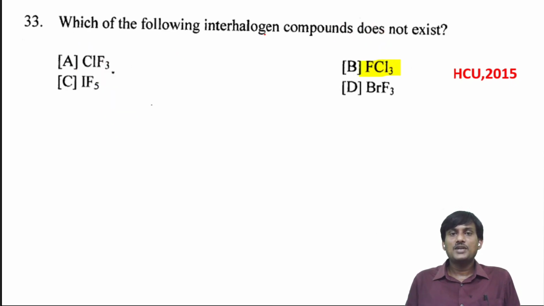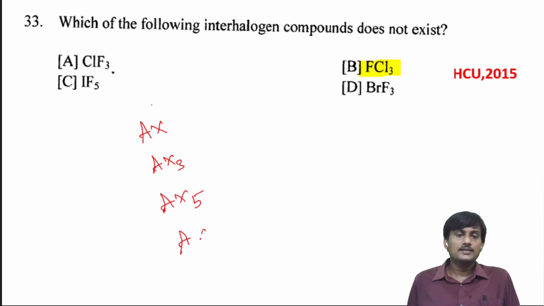Which among the following interhalogen compounds does not exist? We have AX, AX3, AX5, and AX7 types of interhalogen compounds, and the condition is that the electronegativity of A should be less than X. This is the condition.